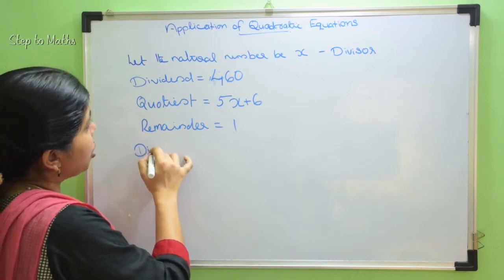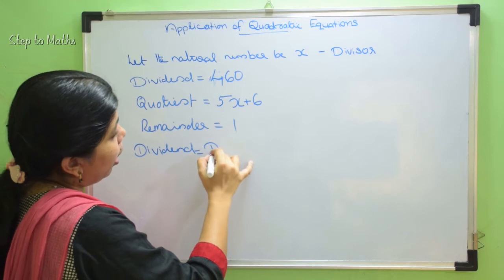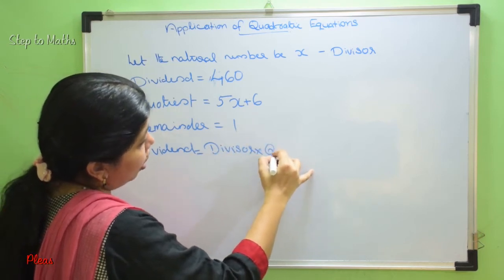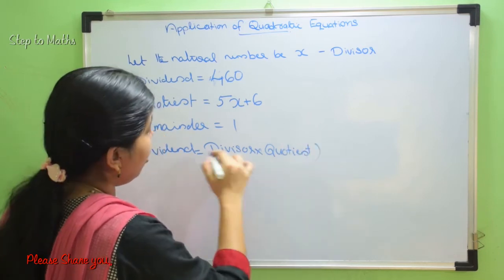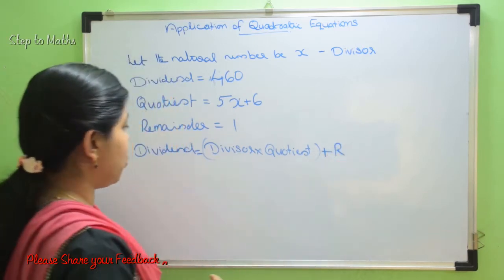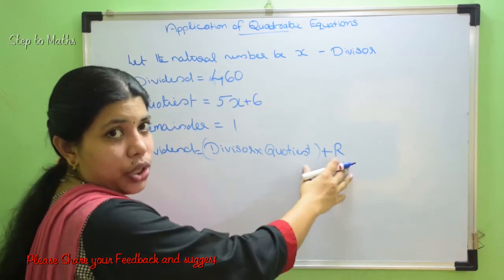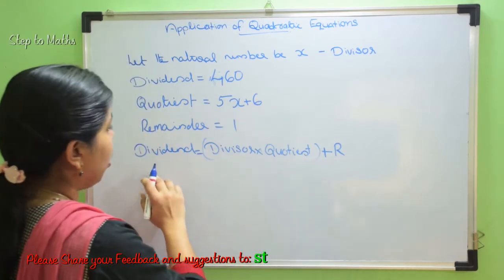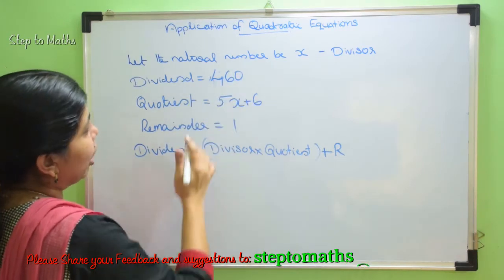According to the relation, dividend equals divisor into quotient plus remainder. This is Euclid's division lemma. If we use this relation, how can we represent the given information?